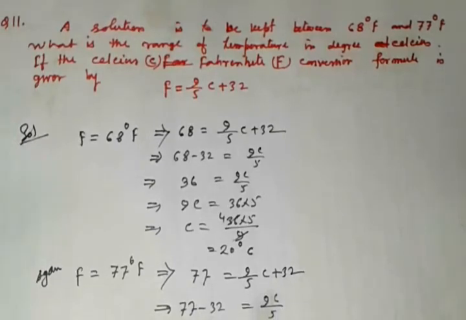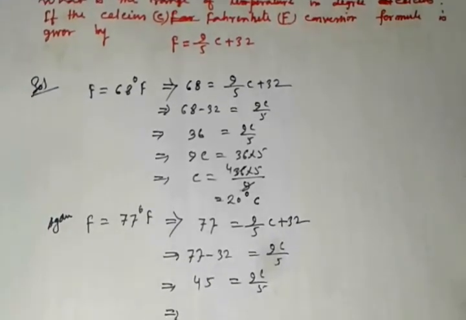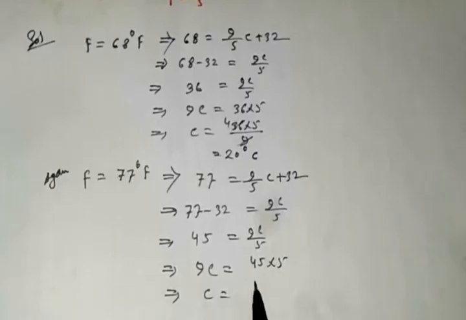This implies 45 equals 9C by 5. 9C is equal to 45 into 5. C is equal to 45 into 5 by 9, which is 25. Therefore, this is 25 degrees Celsius.